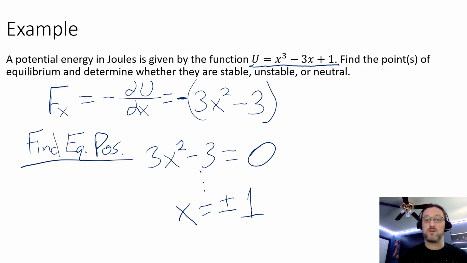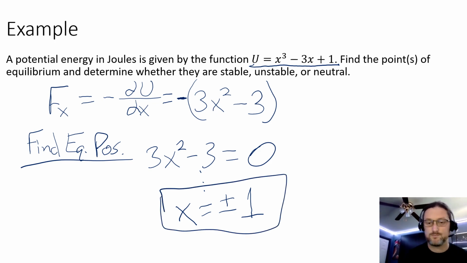We could see this if we looked at a graph of x cubed minus 3x plus 1. Try that. Use your fancy graphing calculator, or go to Wolfram Alpha or Mathematica. Use some graphing software online and look at the graph of this. You're going to see bumps at plus and minus 1 that are going to correspond with these maximums and minimums. So there are my equilibrium positions, plus and minus 1, right?